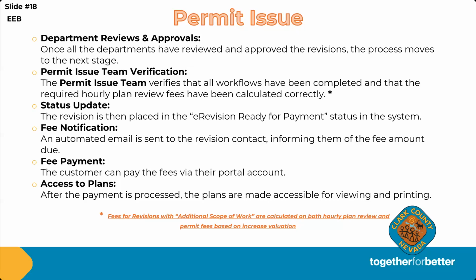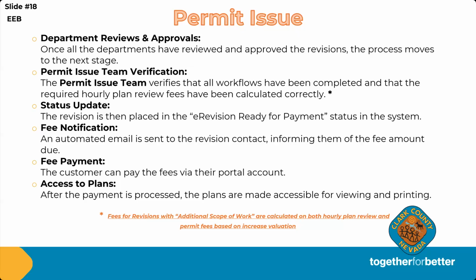The contact can then pay the fee via their portal account. After the payment is processed, the status of the revision changes to revision approved, and the system will email a receipt to the customer, and the plans are made accessible for viewing and printing through the contact's portal.